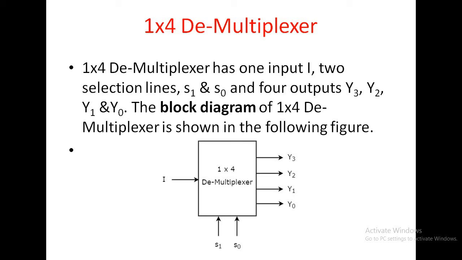And in the next slide, we will see the truth table of 1 to 4 demultiplexer and which output line is selected. Either Y3 is selected, Y2 is selected, Y1 is selected or Y0 is selected. That depends upon your S0 and S1, what is the value of S0 and S1, and which output line is selected.